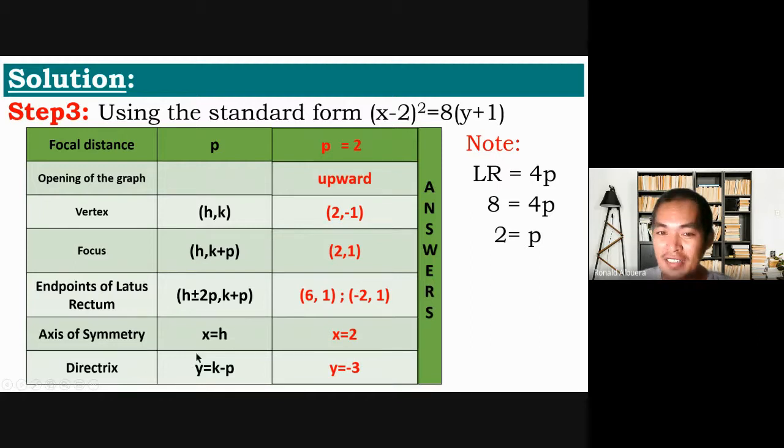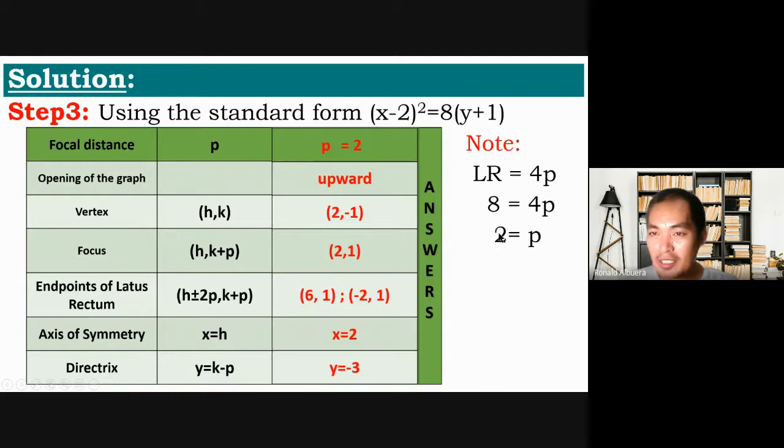Then tandaan, pag ang may square ay x, ang axis of symmetry ay x equals the x-coordinate of the vertex. So that is why x equals 2. How about directrix? The opposite. So yung walang square. So may square ay x, therefore ang variable na kukunin natin ay y. y equals, it's the opposite of the focus of the y-coordinate. This is k plus p, it became k minus p.